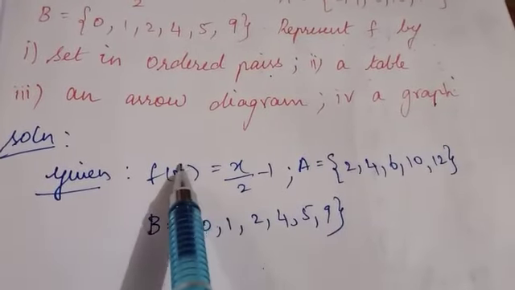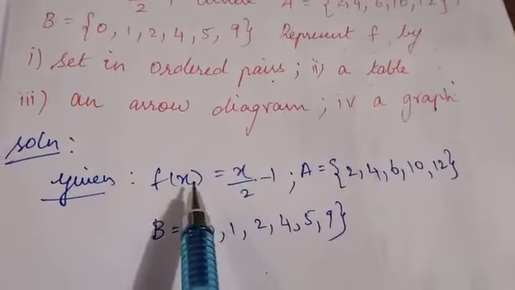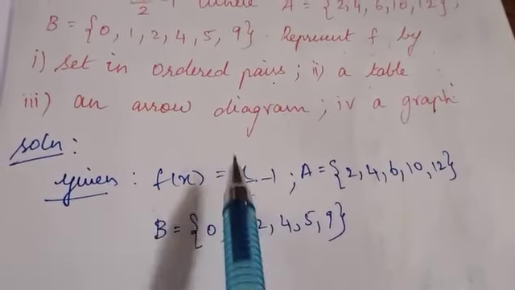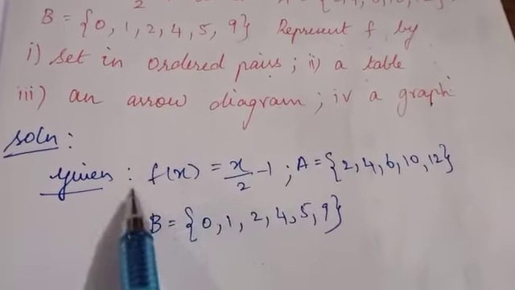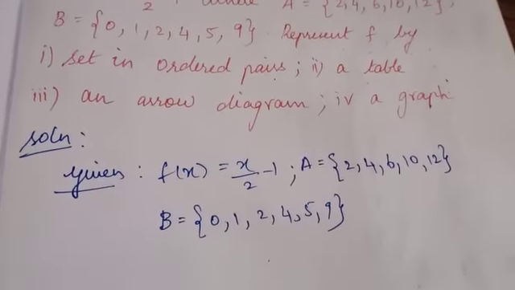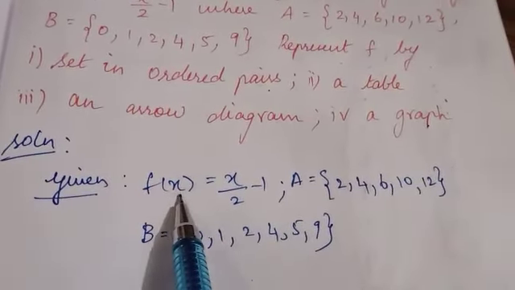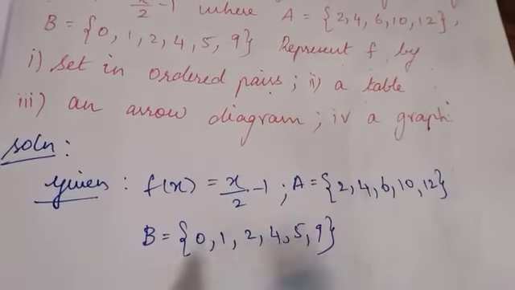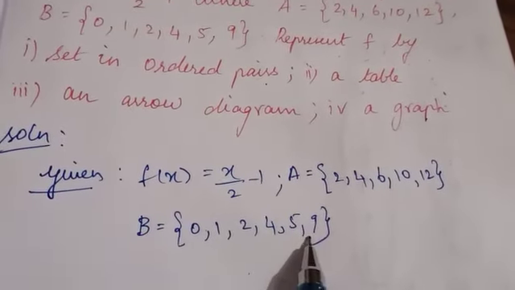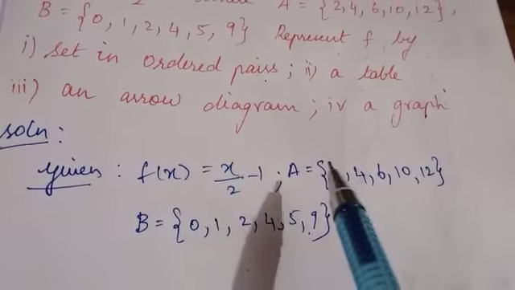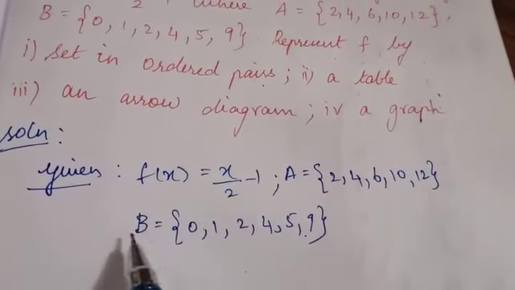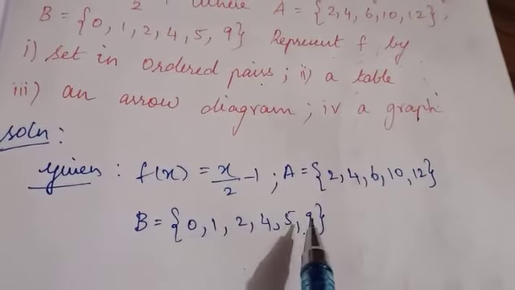I'm going to substitute the values of x in this equation, and then find the value of f of x. So for that we need x values, right? But we are given the sets A and B. We don't have x and y. So instead of x and y, we are given A and B.